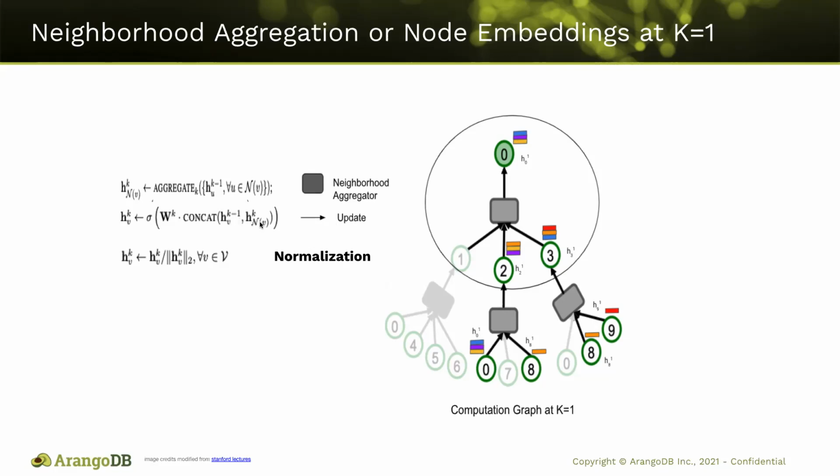This depicts the neighborhood information of node 0, all the previous representations, and then we combine it with its original representation, as shown over here. And then we take a dot product with the weight matrix at this layer, which is the k equals 1 layer.